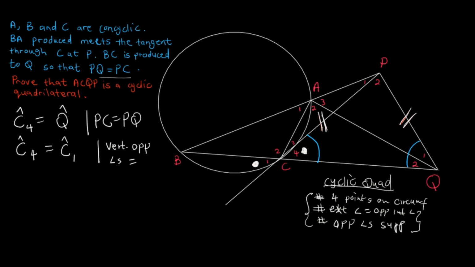And then what else can we identify just by looking at the diagram? We were told that this is a tangent. I'm just going to indicate with the color. So this line here from C all the way up to P is a tangent, right? It starts from here, it goes to C and then P. It's a tangent, right?